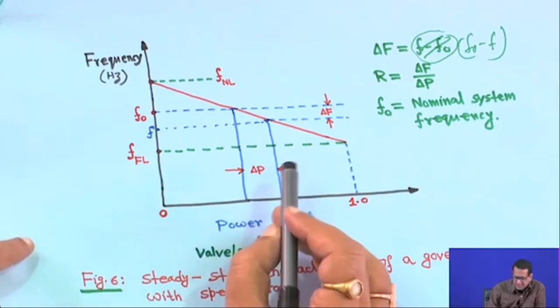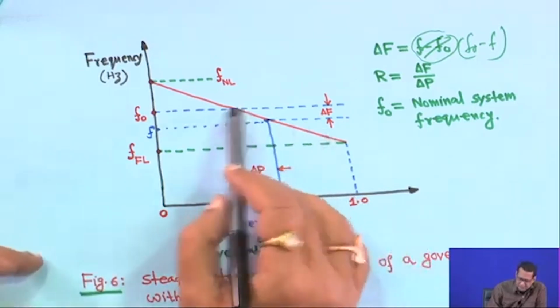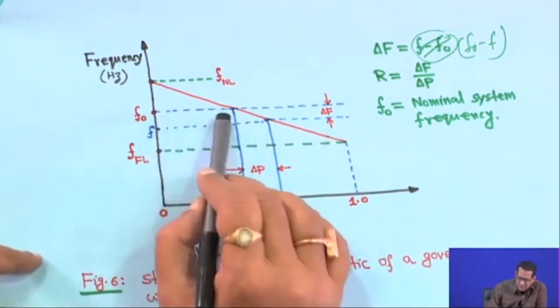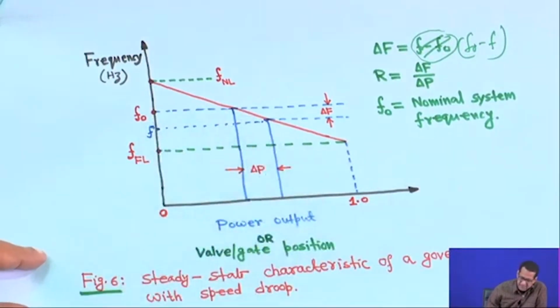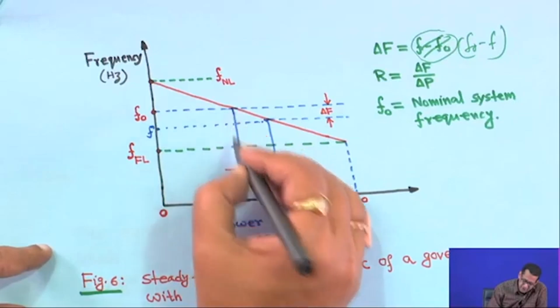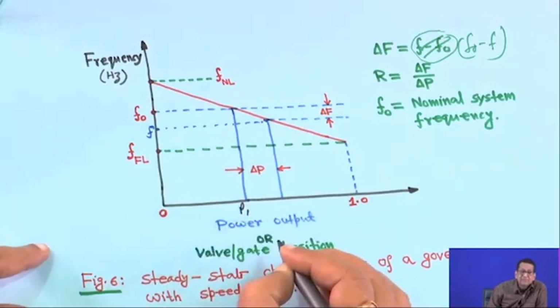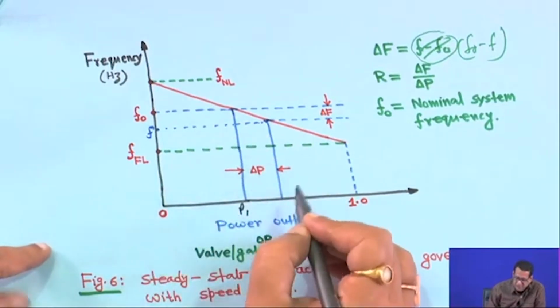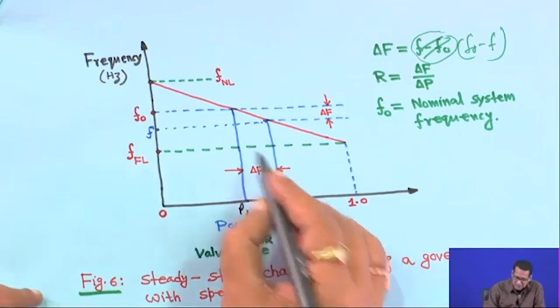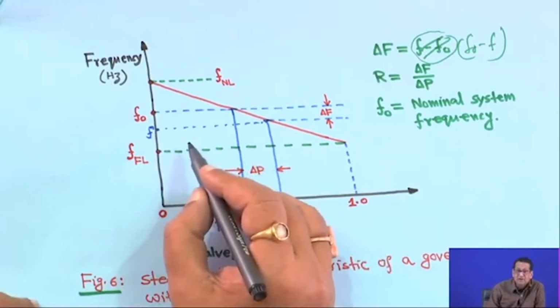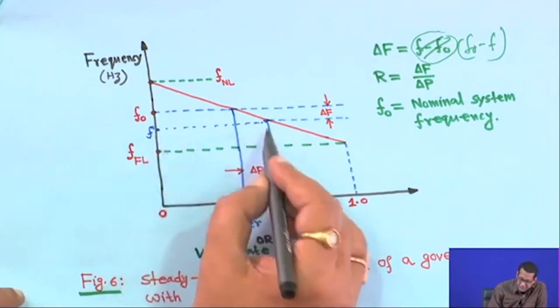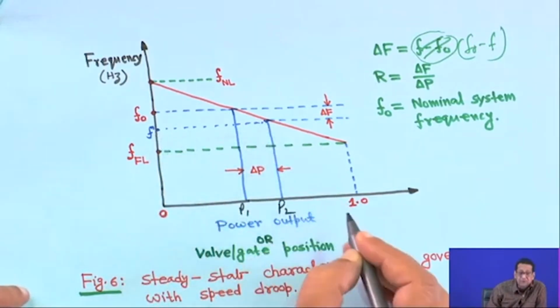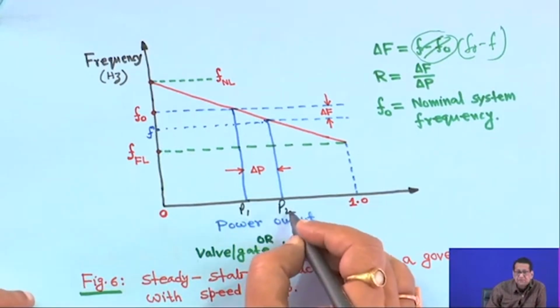Suppose the idea is something like this. A machine was operating at a power at the nominal frequency F 0. At that time the power was, say, P 1, and when the load is further increased, the frequency will fall. If real power increases, frequency will fall. So, suppose it has come down to F, and at that time the power generation is P 2.